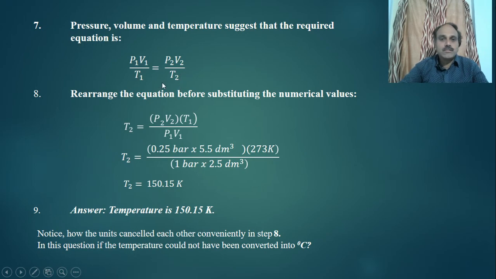So this is the required equation, and before solving it, you have to rearrange the equation before substituting the numerical values. T2 is being asked, so I take T2 to the left hand side, P1V1 goes to the denominator on the right hand side, and T1 goes to the numerator on the right hand side.